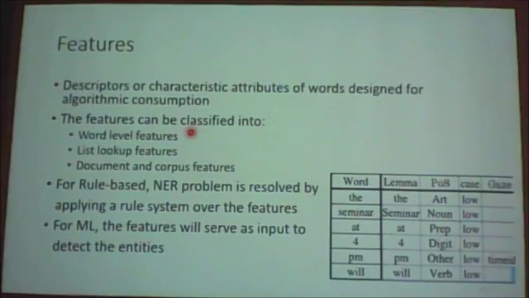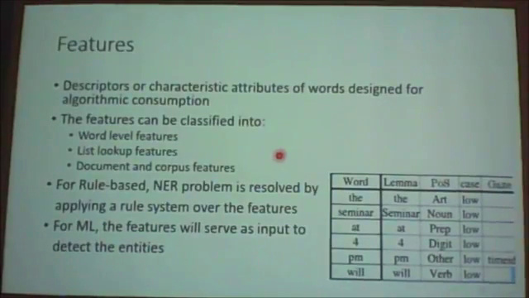Before that, I would like to talk about features. Features in words are different from what we think they are. Descriptors are characteristics or attributes of words designed for algorithmic consumption. The features can be classified into word level features, list lookup features, and document and corpus features.